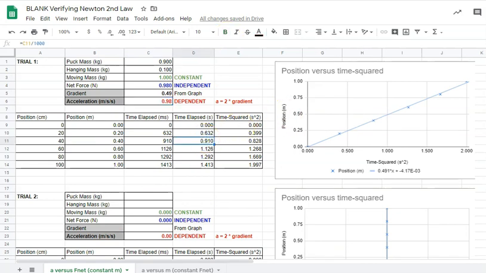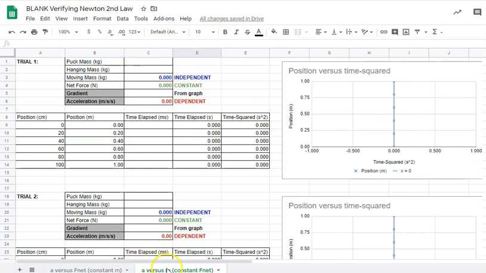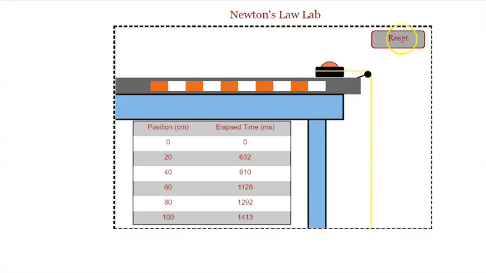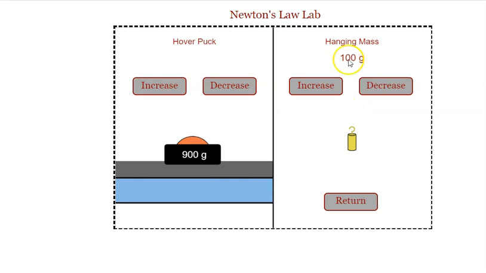The second one involves plotting acceleration versus an increasing mass. In that case, what we need to do is reset, go to the masses. This time we'll start with a hanging mass of 500, and that's going to stay constant.